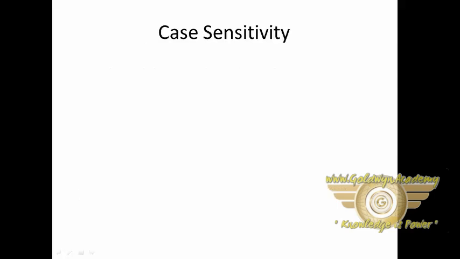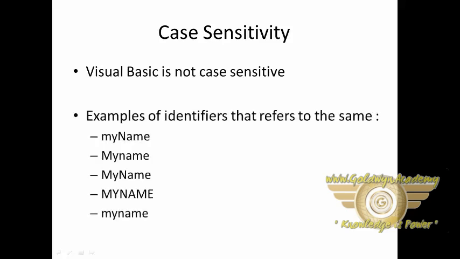Now let's talk about the case sensitivity of identifiers. Visual Basic is not a case sensitive language. That means capital A and small a will be the same. Examples are as following.